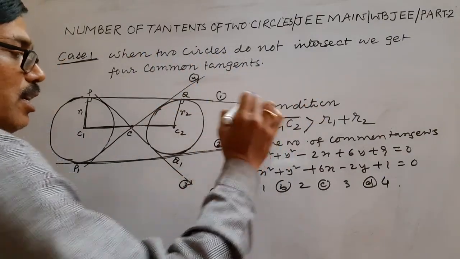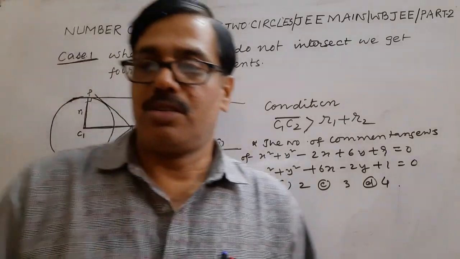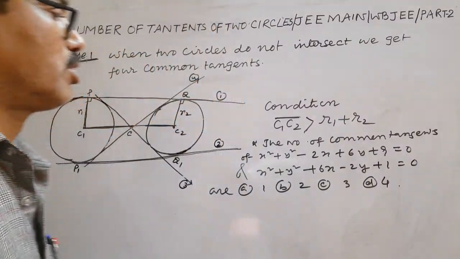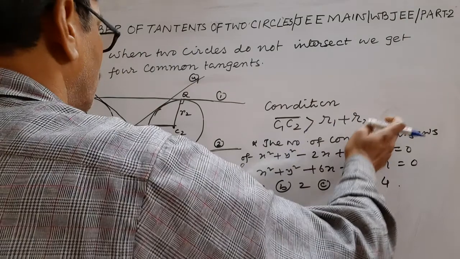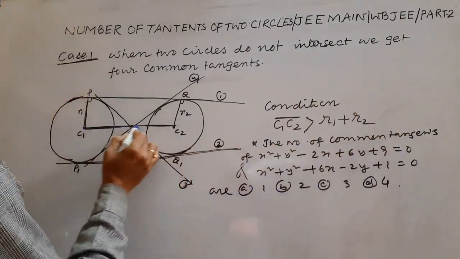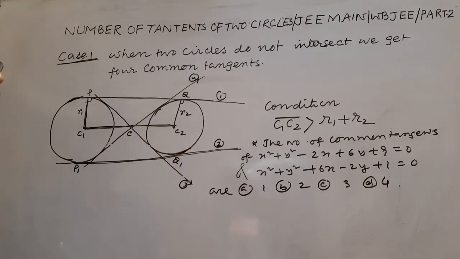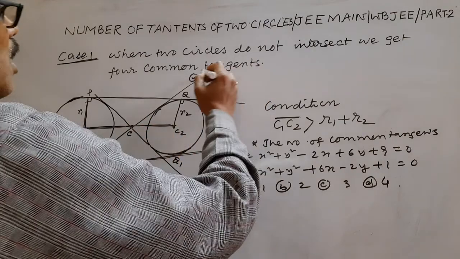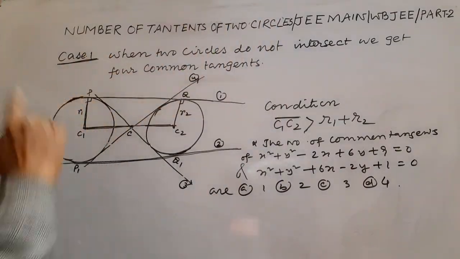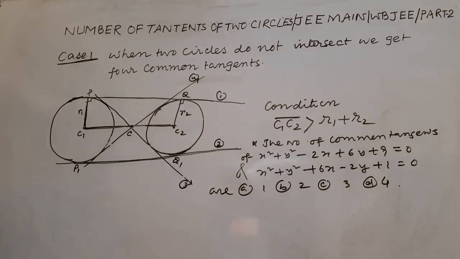So this one is a very obvious case. C1C2 greater than R1 plus R2. So how many tangents? 4 tangents. Now application.